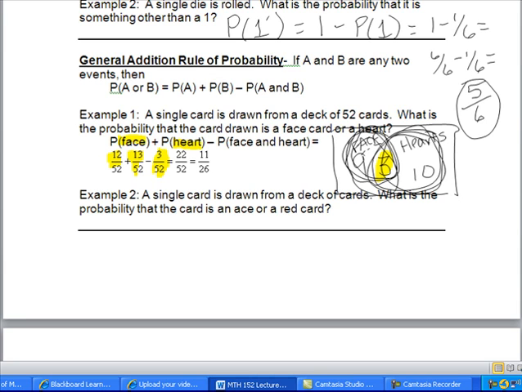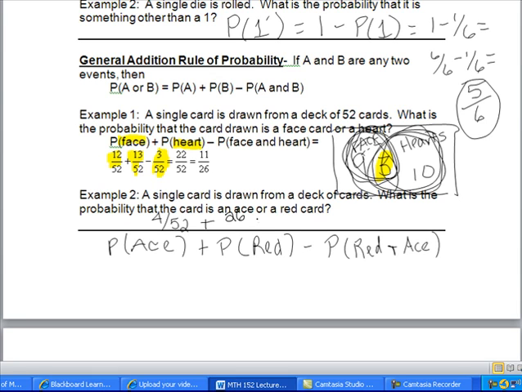Okay, hopefully you have come up with an answer. So what we need is this particular formula. The probability we have an ace is 4 out of 52. Probability we have a red card, half of the cards are red, so that's 26 out of 52.